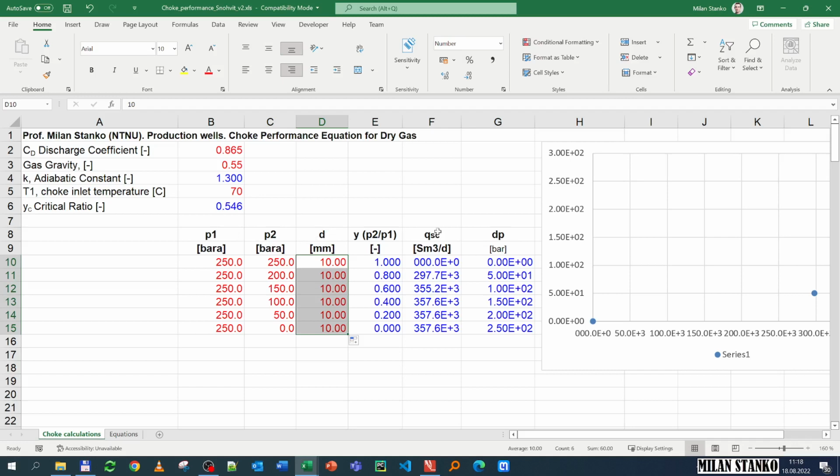But we can also use it for design: we have some rate and the delta P, and we want to find out which diameter to use. And we could also use it to predict performance: we have a rate, the pressure and the diameter, and we want to find out the outlet pressure. I suggest you try those options, because then you have to use the model in a slightly different way, and probably you have to use the Solver to do some iteration on the equation.